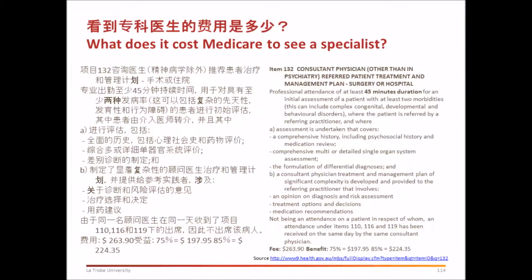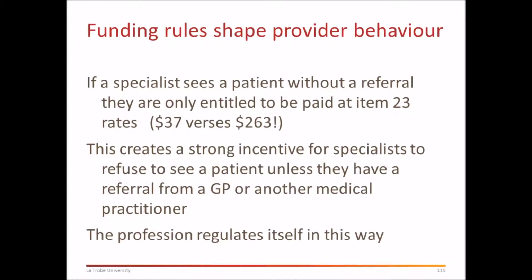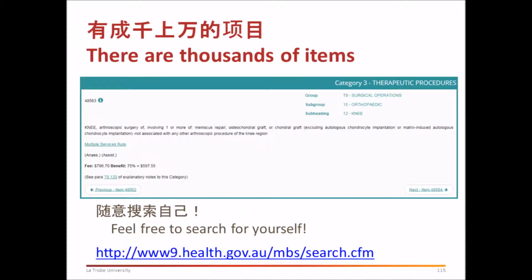The benefit that's paid is either 75% or 85%, so you will have to pay the difference. And most physicians will charge double the Medicare fee, so you're actually up for quite a deal of out-of-pocket expenses here. And there are thousands of items. If you'd like to have a look, the items are available publicly via the federal government's health site.